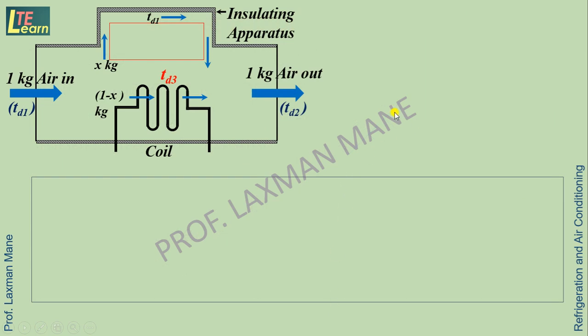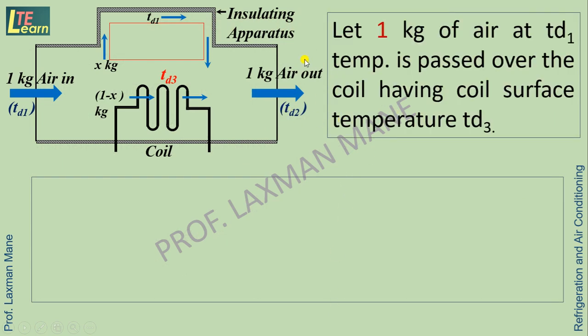Here in this diagram we can see 1 kilogram of air going inside with a temperature TD1. This air is passing over this coil. The coil surface temperature is TD3. Now this air is coming out, that is 1 kilogram at a temperature TD2.